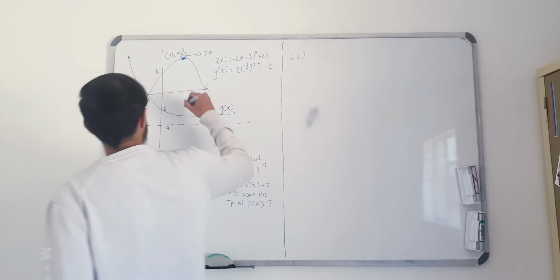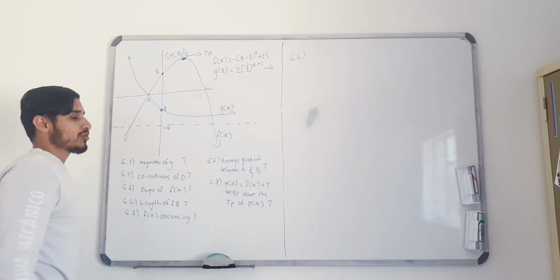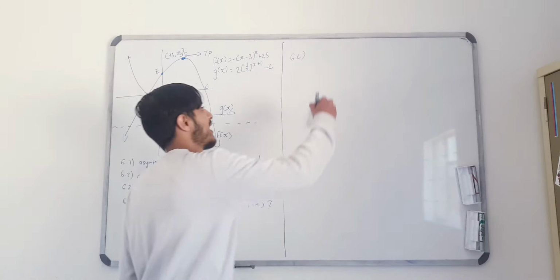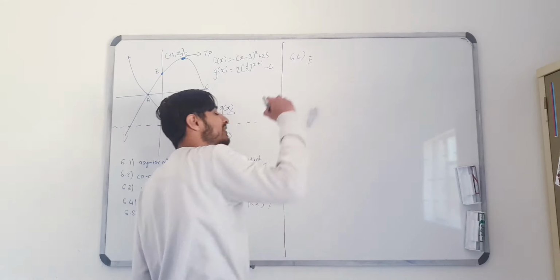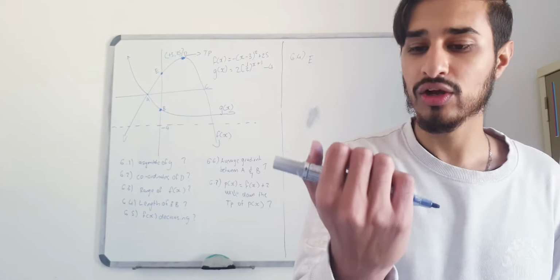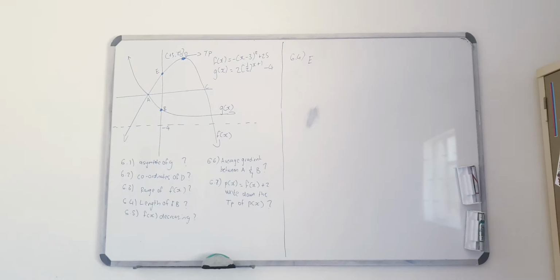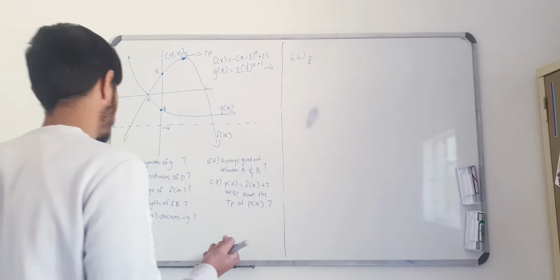So here's E over here and here's B over there. So firstly, let's talk about where is E. So we need the coordinates of E, we need the coordinates of B, and then we can actually calculate the proper length. If we don't have the coordinates, we can't calculate what? The proper length. Lovely.